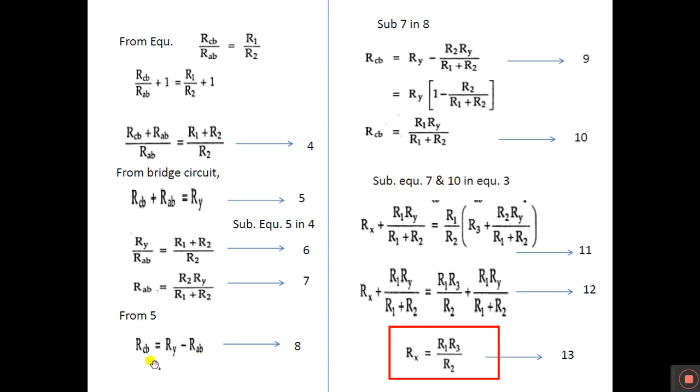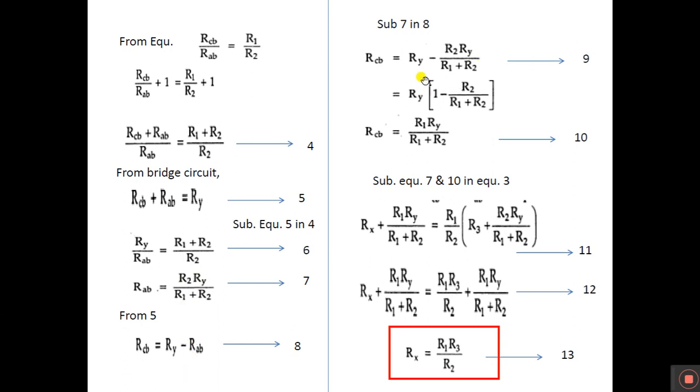Right? Now I am going to replace this expression in equation number 7. So here RCB equals Ry minus RAB. In equation number 7, we have RAB equals R2 into Ry divided by (R1 plus R2). I am going to apply this value here.